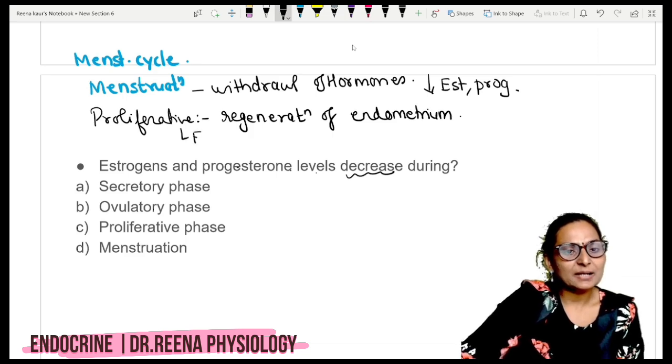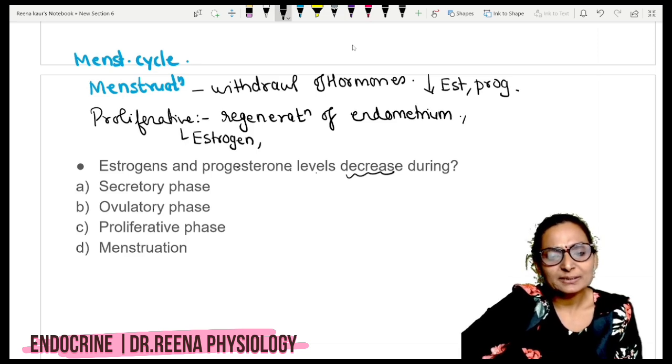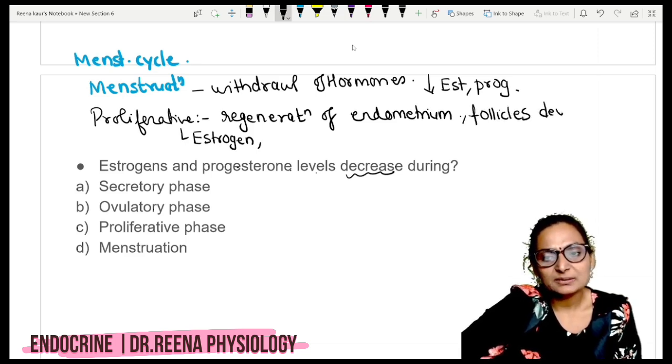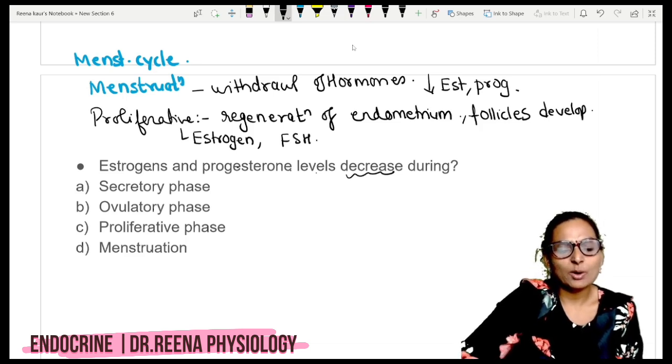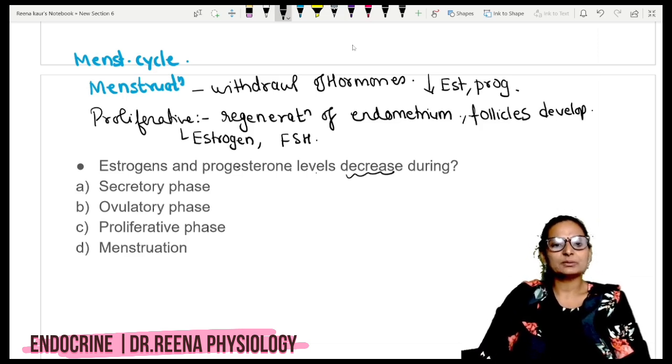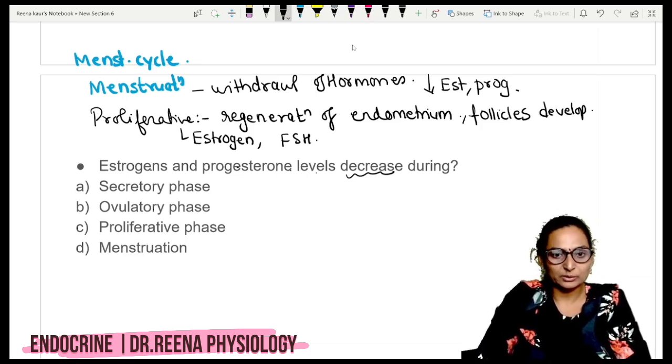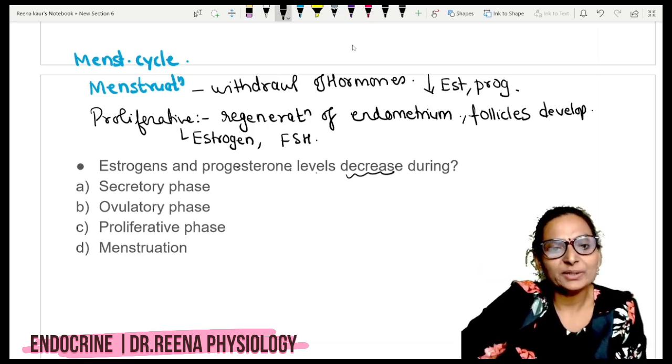This phase is under the influence of estrogens, and because there is development of the follicles, there will also be a rise of FSH, follicle stimulating hormone. LH is luteinizing hormone. So this is the pre-ovulatory phase.